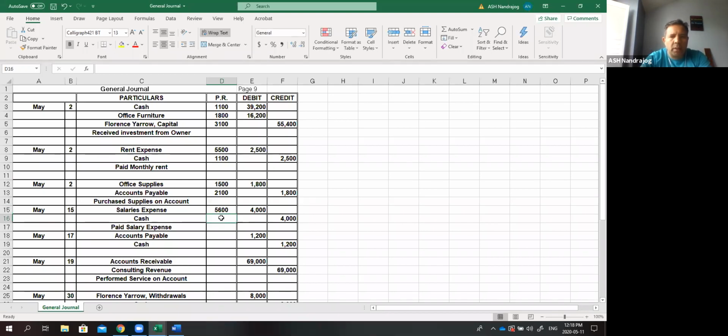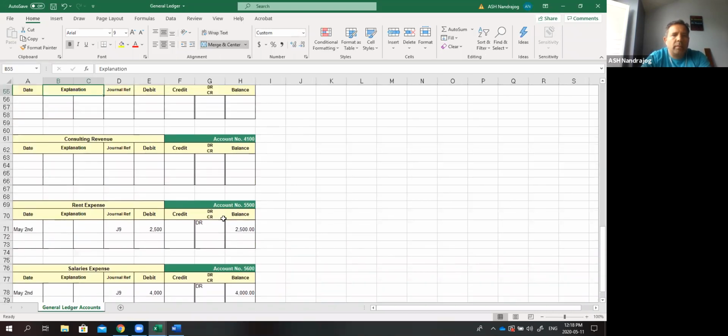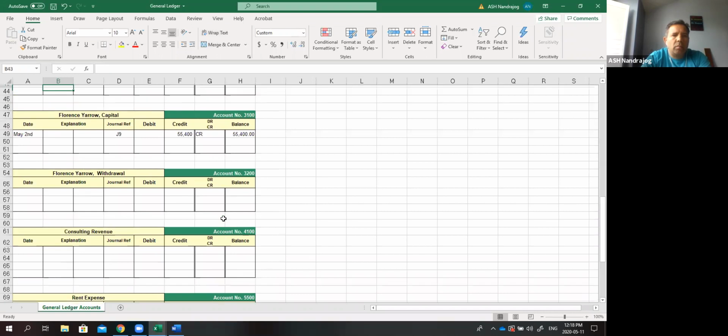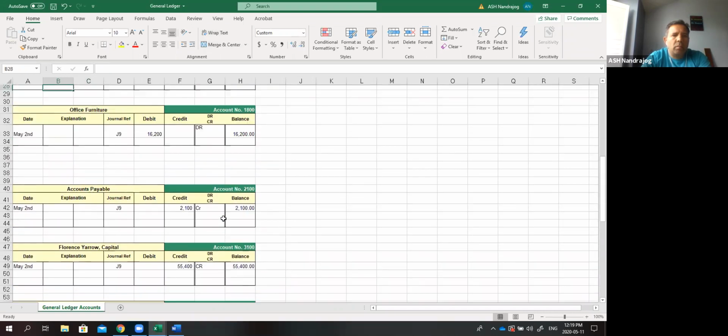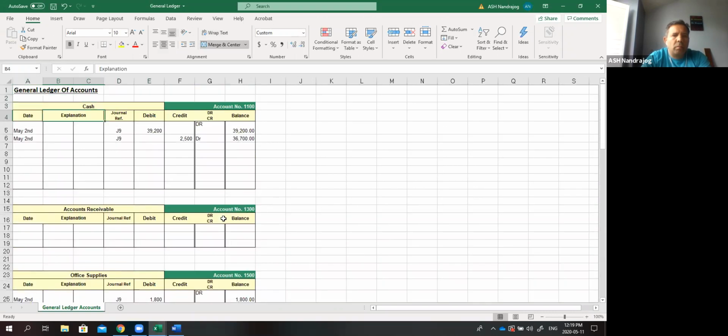Now the cash is $4,000 credited. So we go back to our cash ledger. And this is May 15th, coming from journal page 9, and the amount is 4,000.